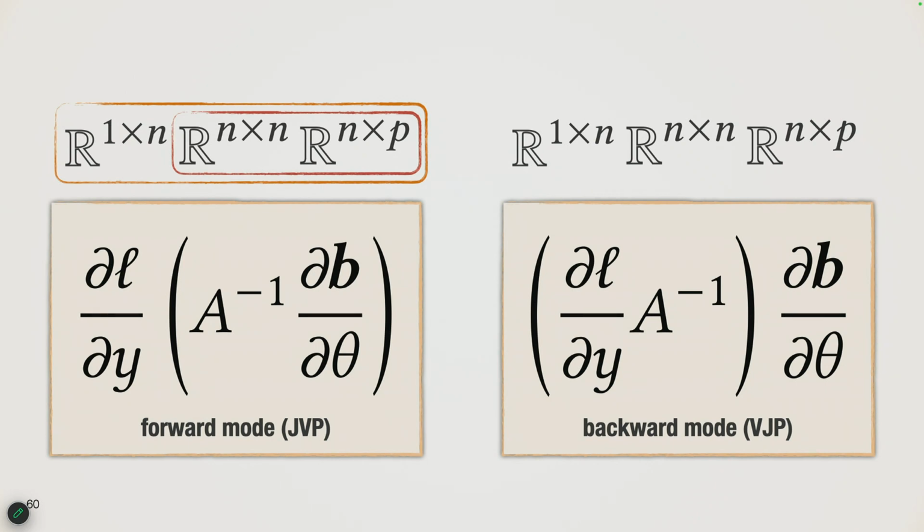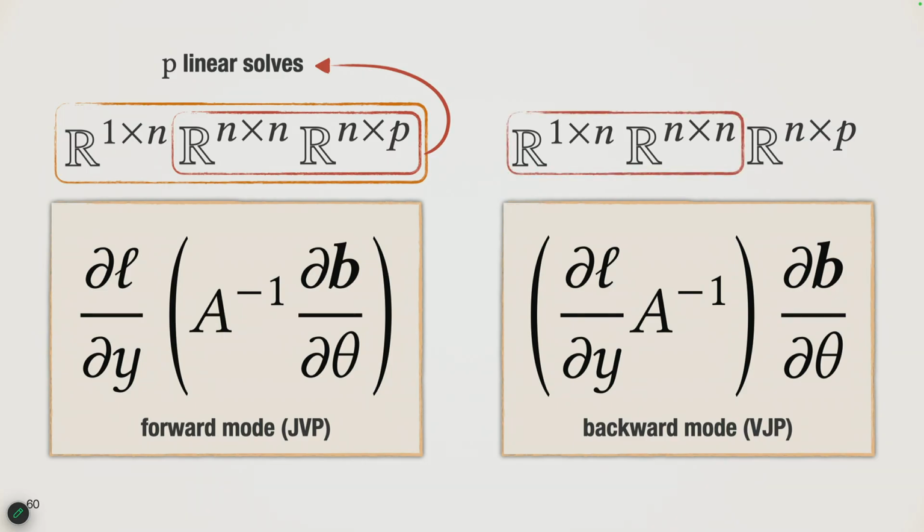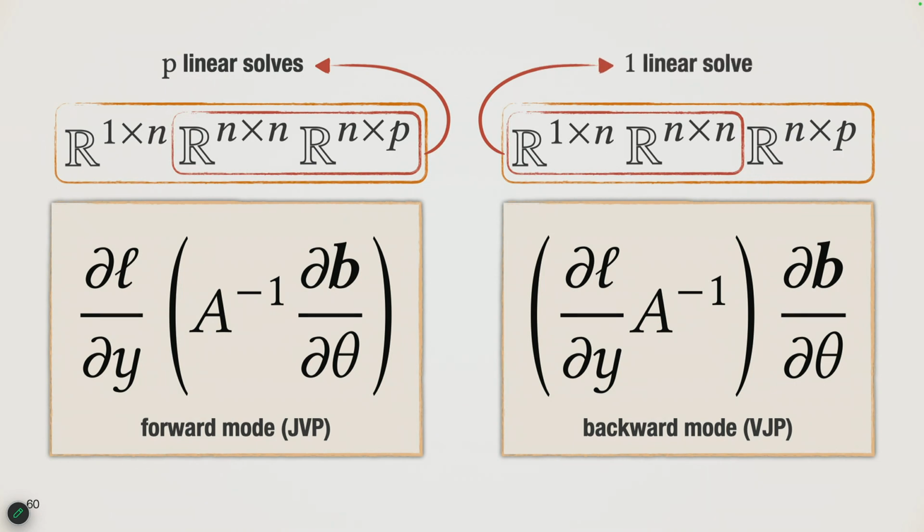So if you're doing Jacobian vector products, you're computing as many solutions to the linear system as there are parameters in your theta, versus if you start the other way around, your loss is usually a scalar, right? So you're only computing one linear solve solution.